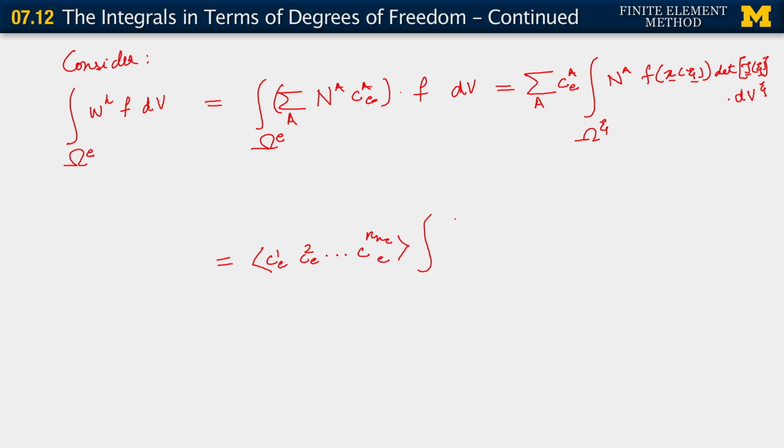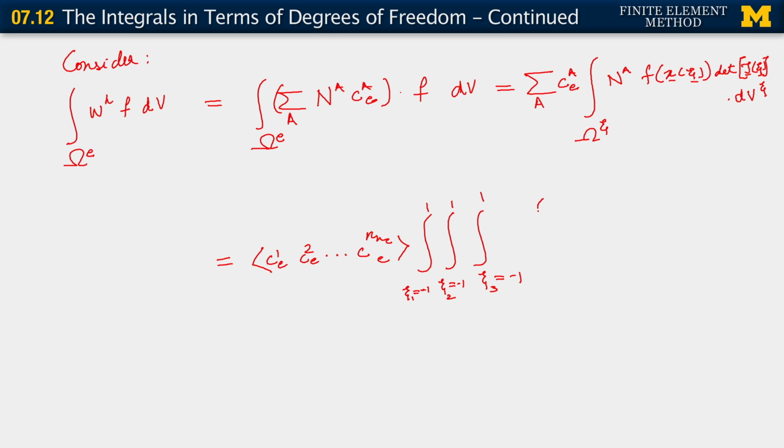The integral now explicitly is a triple integral. C1 equals -1 to 1. C2 equals -1 to 1. And C3 equals -1 to 1, right?